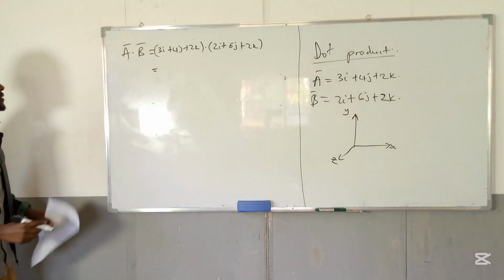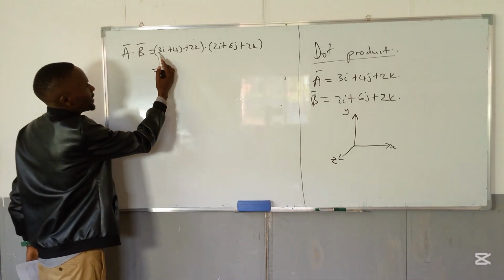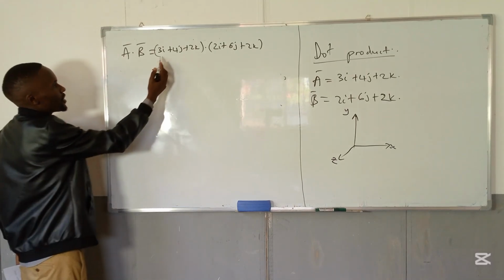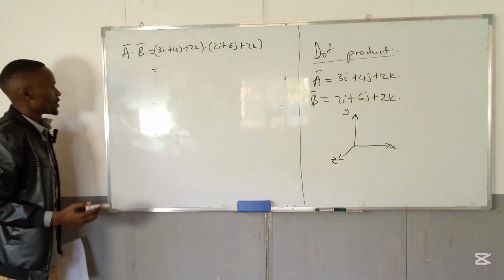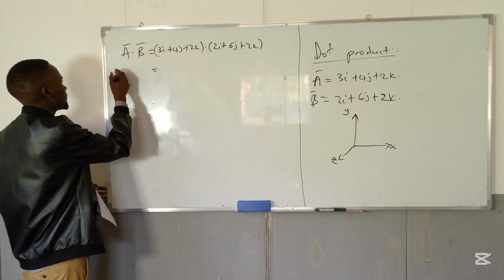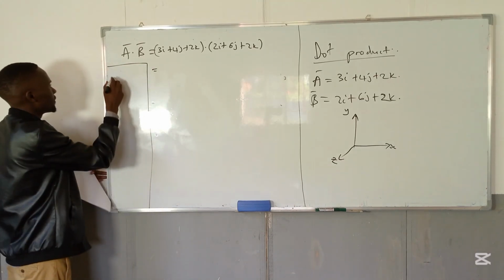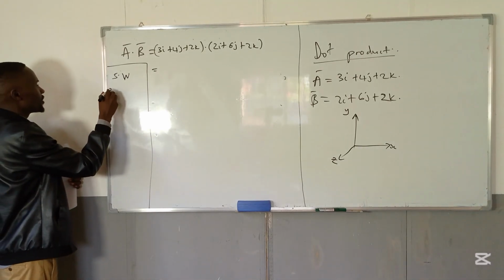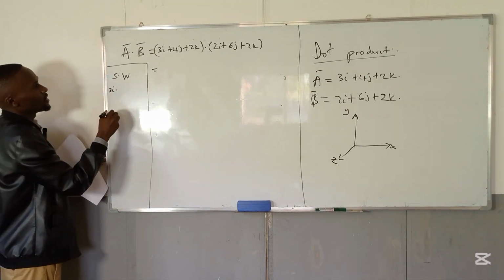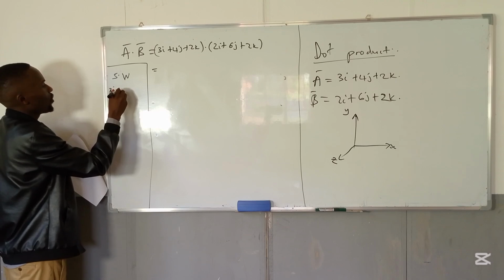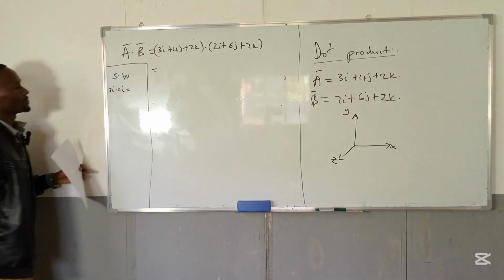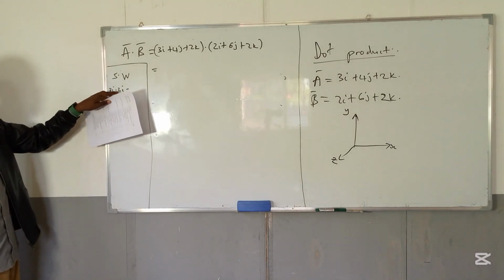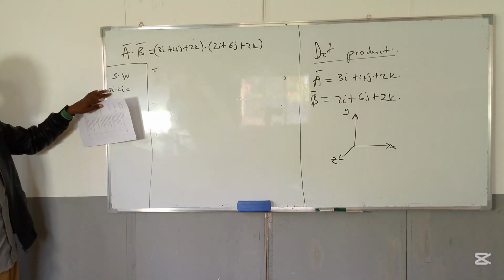So from here it will be 3i dot 2i. Let's do our side one. We shall be having 3i dot 2i. So here it will be the same as 3 times 2.